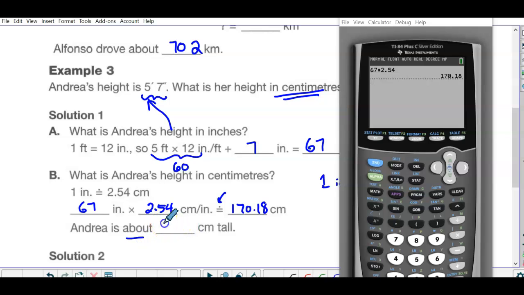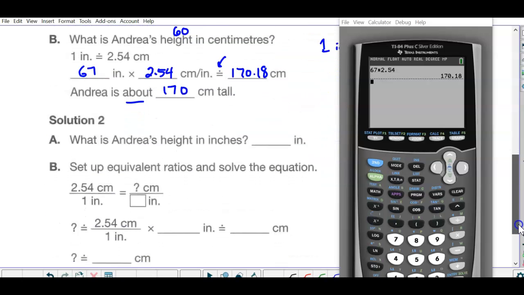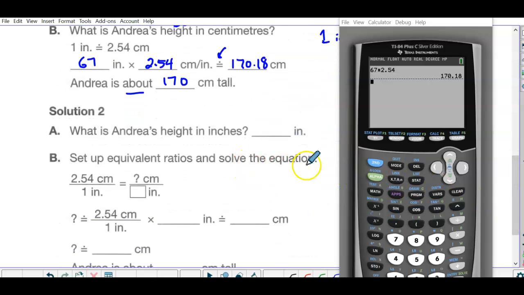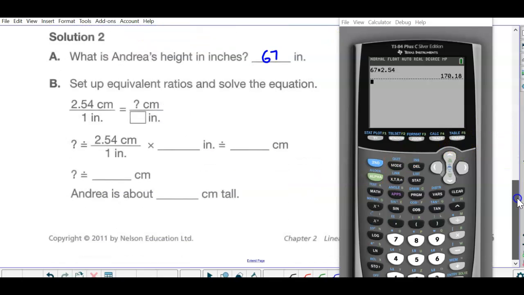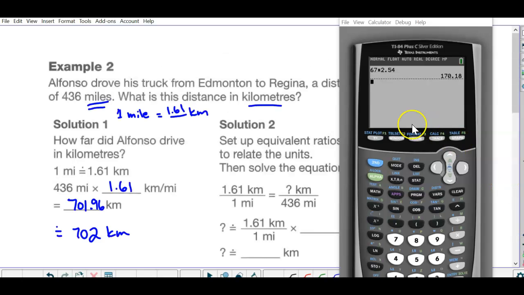So now if I round that to the nearest whole number, it's 170 centimeters tall. Solution 2 is, first part's the same, that's 67 inches, and then using proportions, but I'm not going to use that method. So that is the section on 2.6.